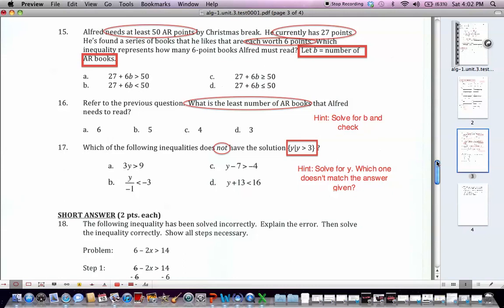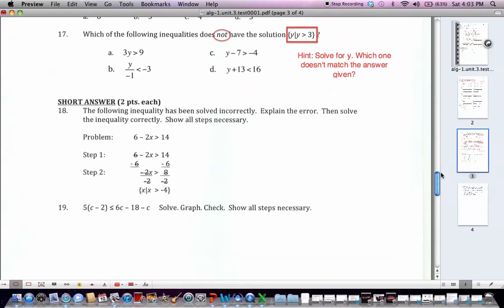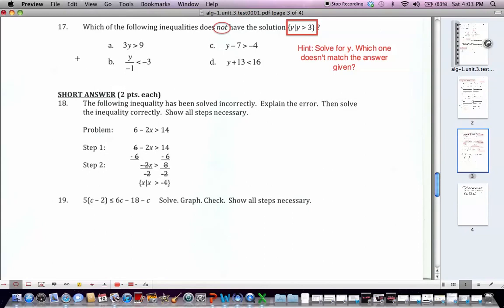Okay. And then our last multiple choice, number 17, which of the following inequalities does not have the solution y, and this is our bar notation that we were talking about in class, y greater than 3, okay? So here's a hint, solve for y, and which one doesn't match the answer given.